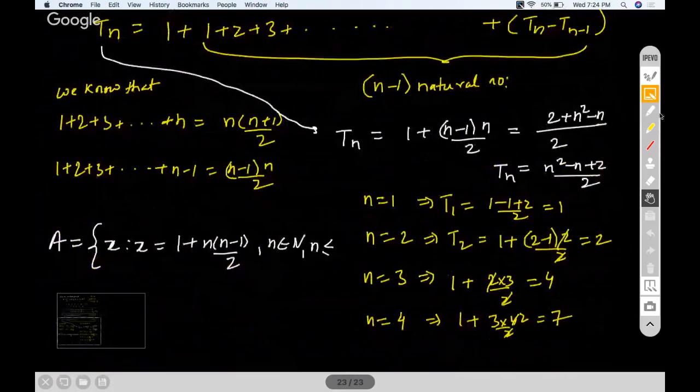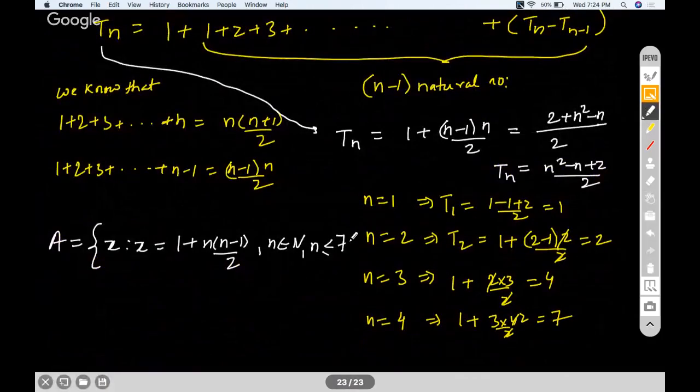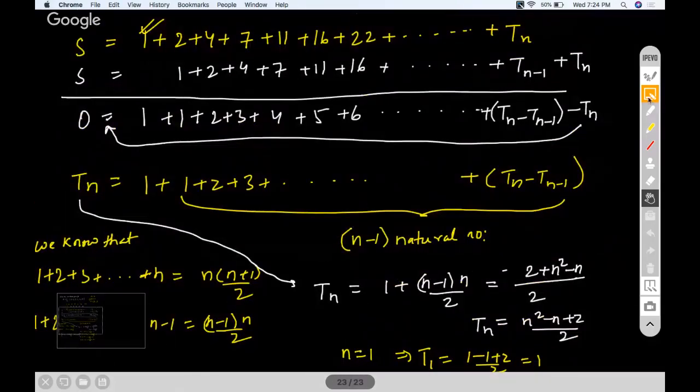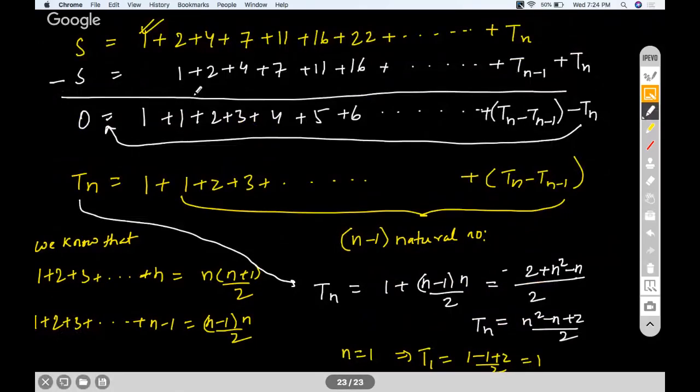So I can write it as n less than equal to 7. Yeah, I subtracted both the series. I shifted it one to the right and I subtracted them.